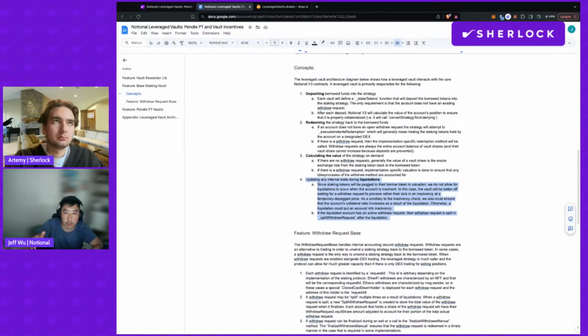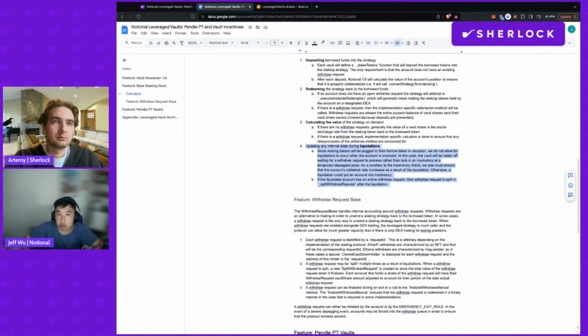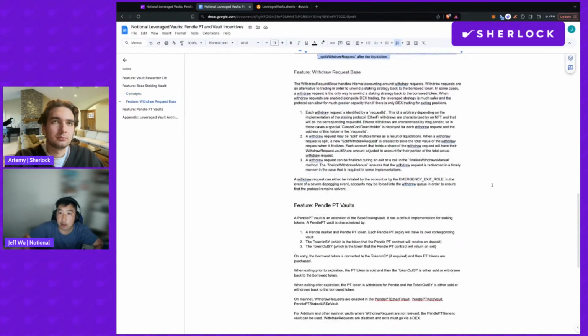So we have this withdrawal request library. This accounting logic is in this withdrawal request base contract.